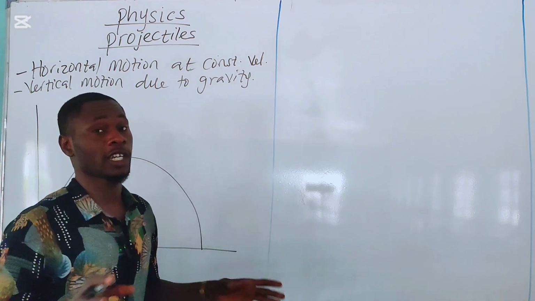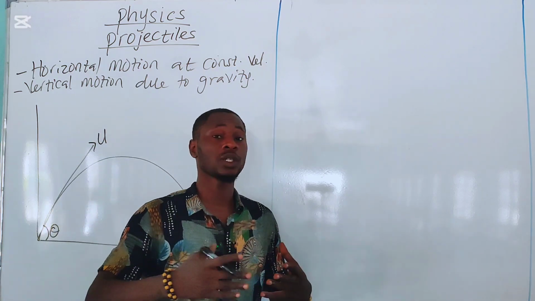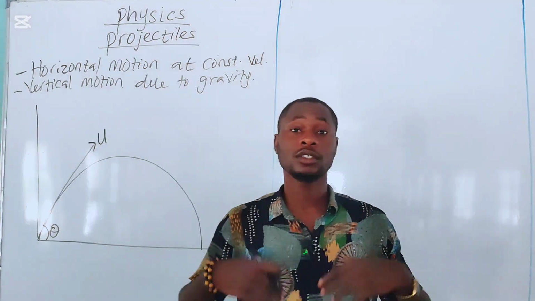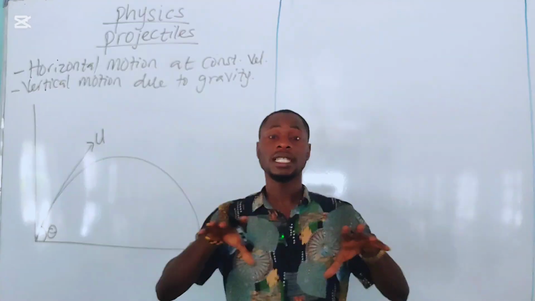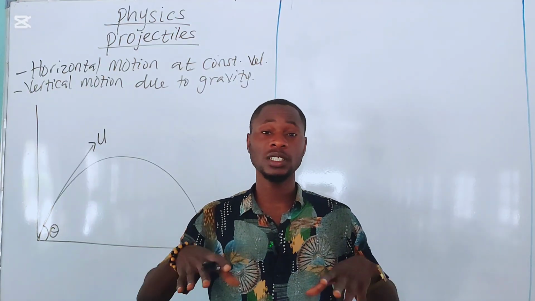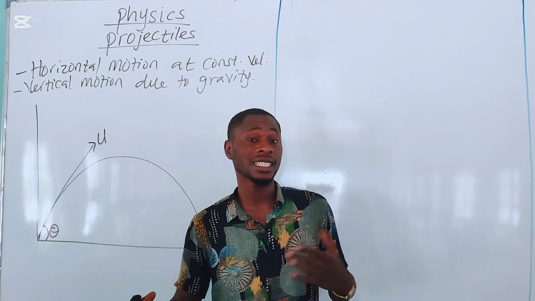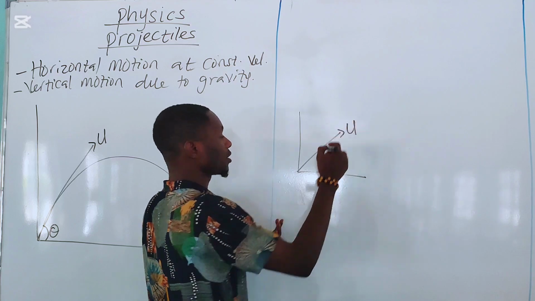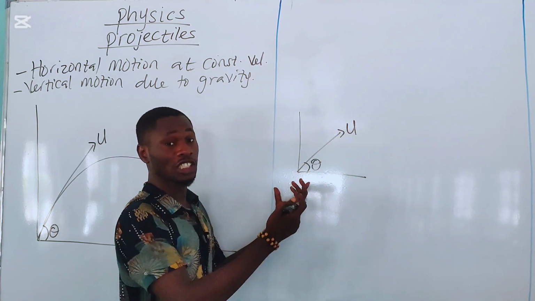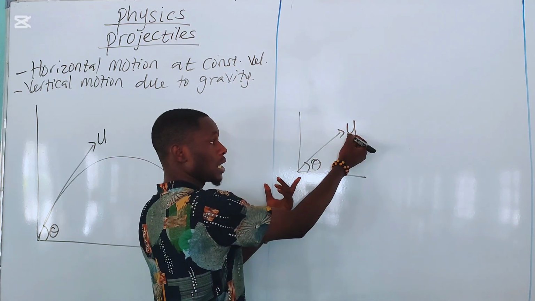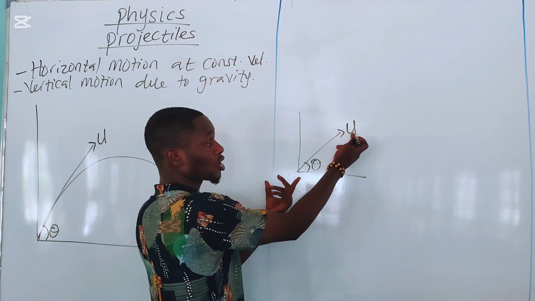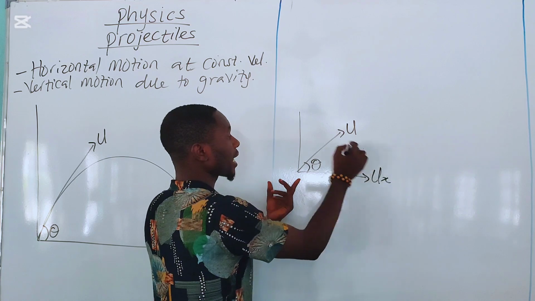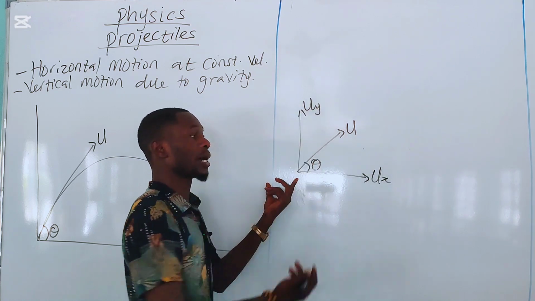Now remember from vectors that when a vector is projected or thrown, it has two independent velocities, the horizontal component and the vertical component of the velocity. For instance, if this is our initial velocity u, from vector resolution we can resolve this single vector into a horizontal component, ux, and a vertical component, uy.